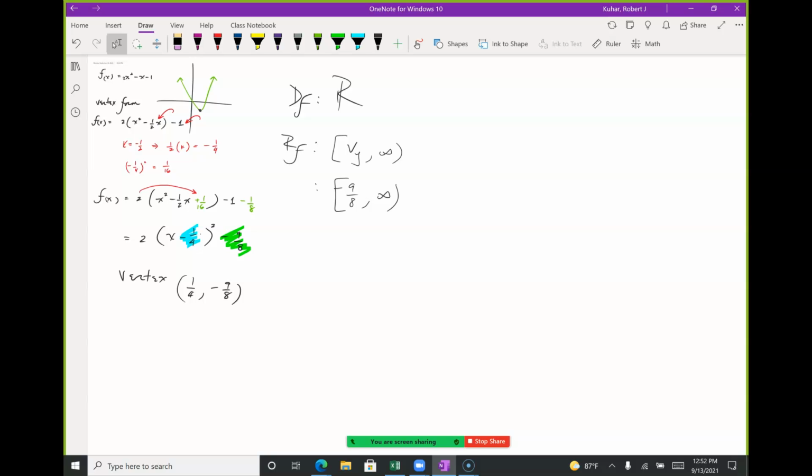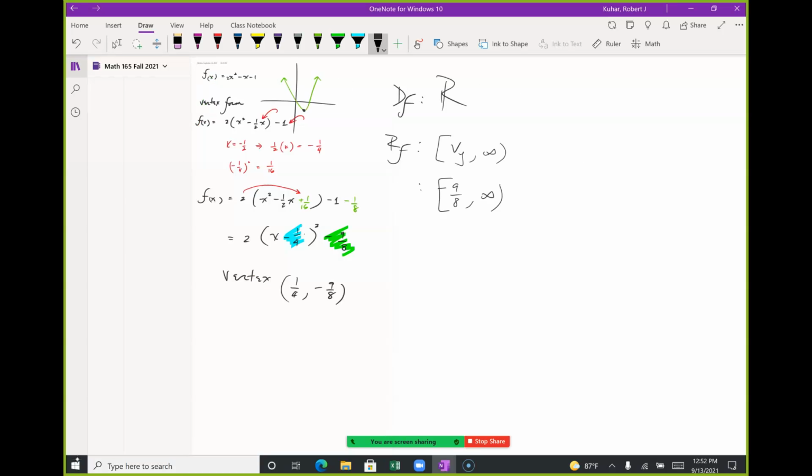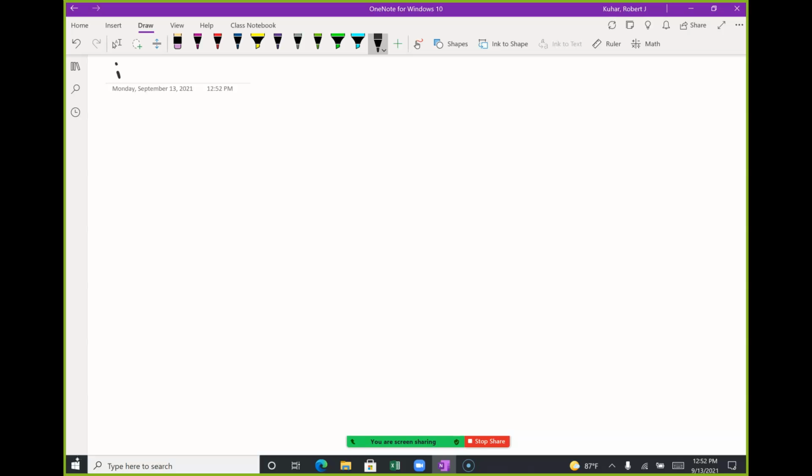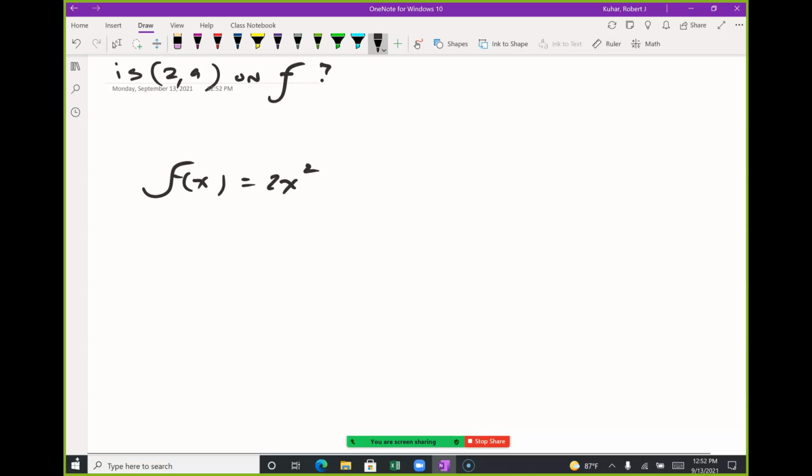Let's see, is the point 2 comma 9 on the curve? So the function is 2x squared minus x minus 1. And we want to know if I put in 2 with empty parens, will I get 9?